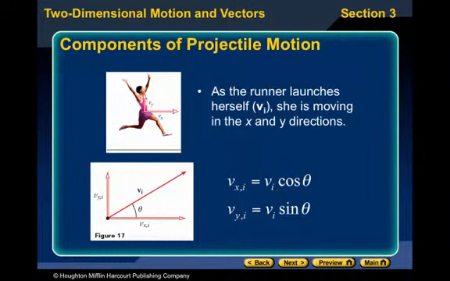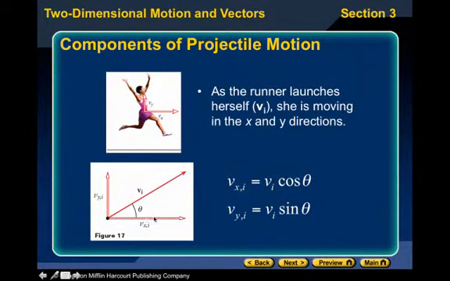Done with that. Okay, as the runner, so this is a long jumper, it looks like. As the runner launches herself, she has an initial velocity in the x and y direction because she has to move up and over, okay? She's moving in the x and y direction. Does that make sense? Yes. She's launching herself upward and she's going in the horizontal. So she has a certain angle here, and we're going to break that angle into its components, like we did with the motions that we already learned.